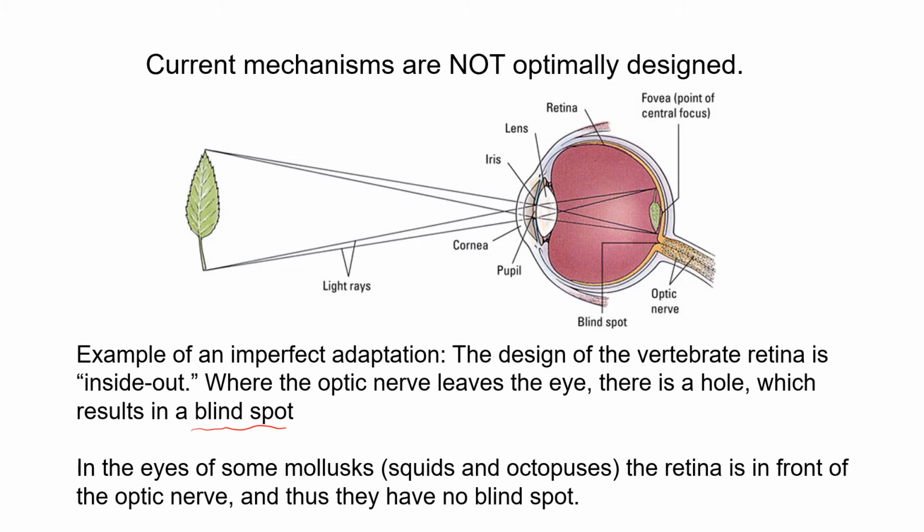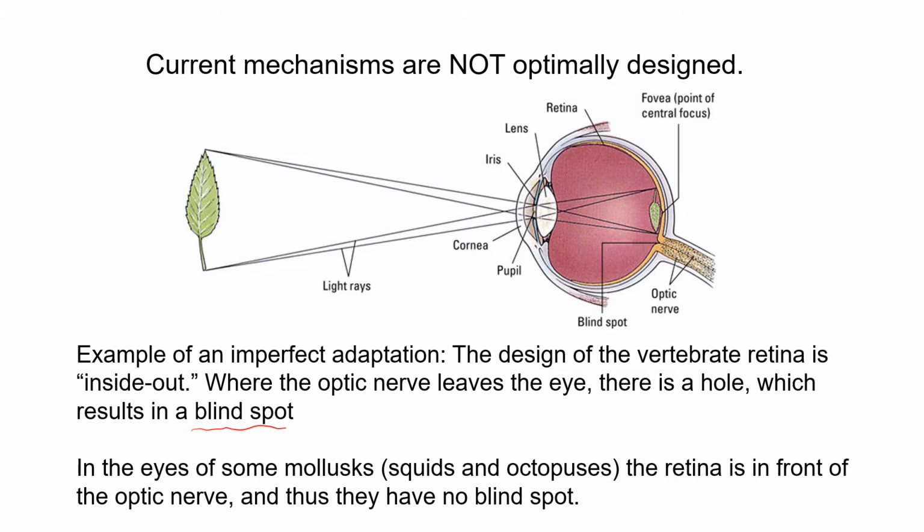Why has that blind spot not been selected out in vertebrates? Mainly because, again, it's giving vertebrates, any individual, the best of possible alternatives, and it hasn't been selected out because no better alternative has been presented.